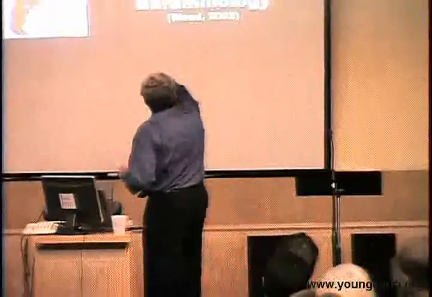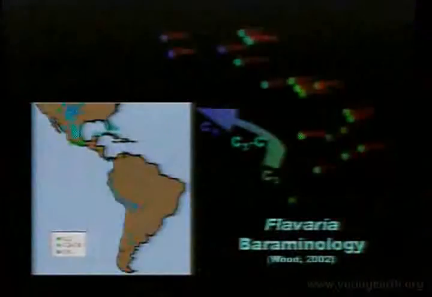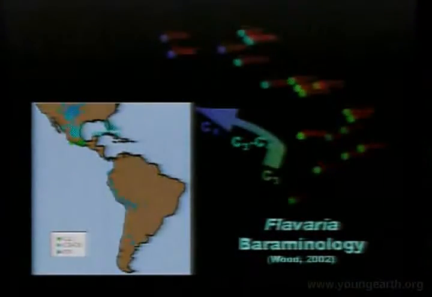And so here you have C3 over here in the greens, and C3, C4 in the light blues, and C4 in the blues. And look at their distribution. All the C3s, except one, which we suspect is a misidentification, are in Central America.